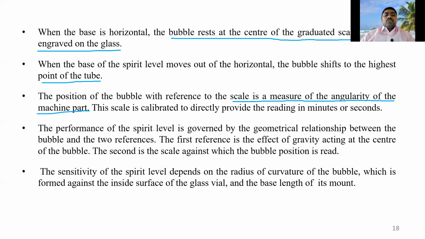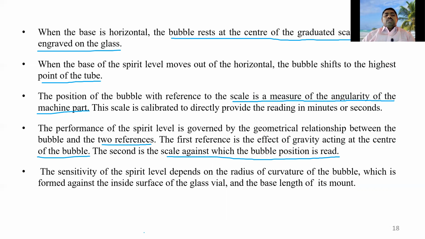The performance of the spirit level is governed by the geometrical relationship between the bubble and the two references. The first is the effect of gravity acting at the center of the bubble, and the second is the scale against which the bubble position is read.